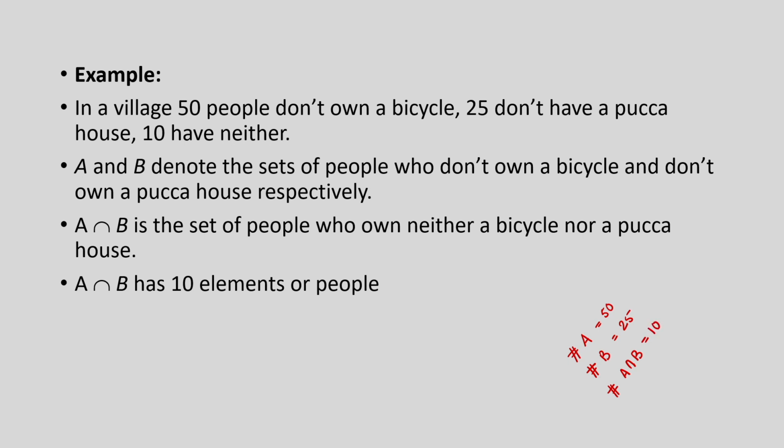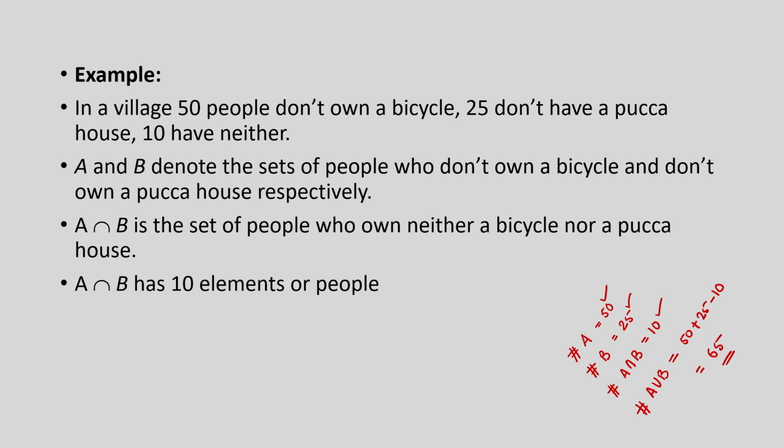So, the number of people in A union B will be how much? That will be this number plus this number minus this number. So, 50 plus 25 minus 10, and this becomes 65.